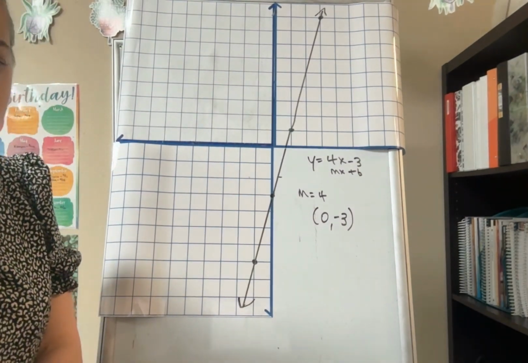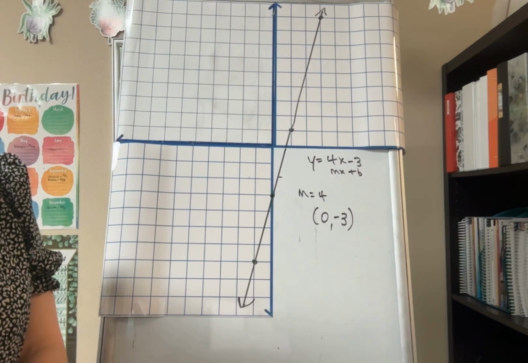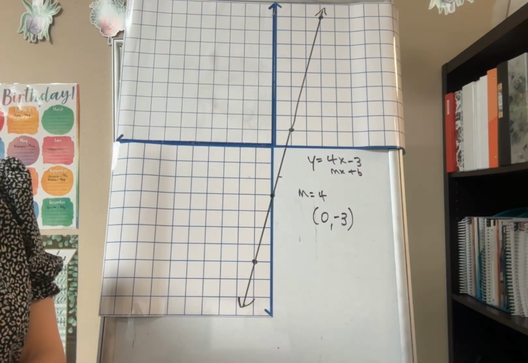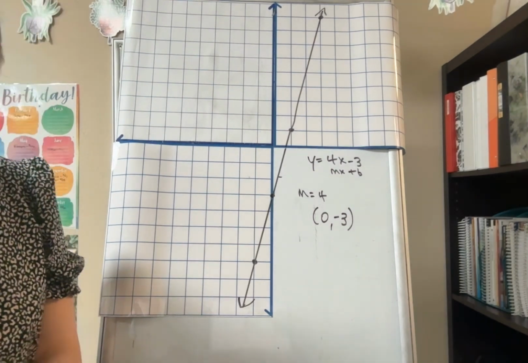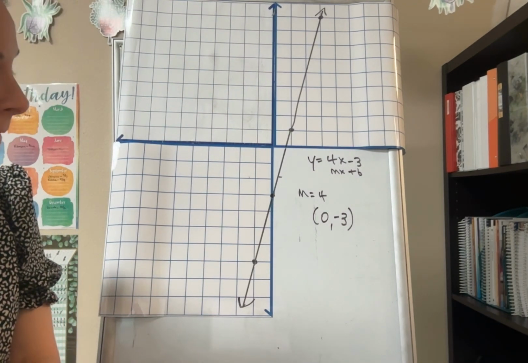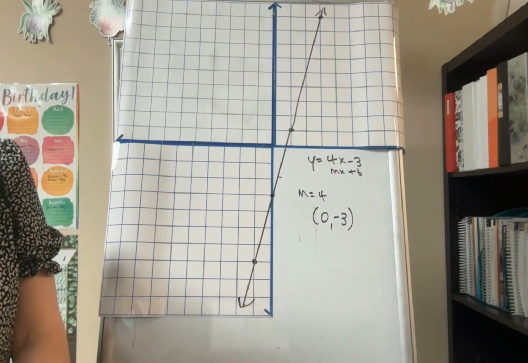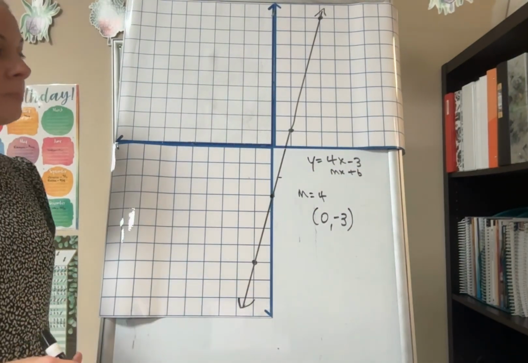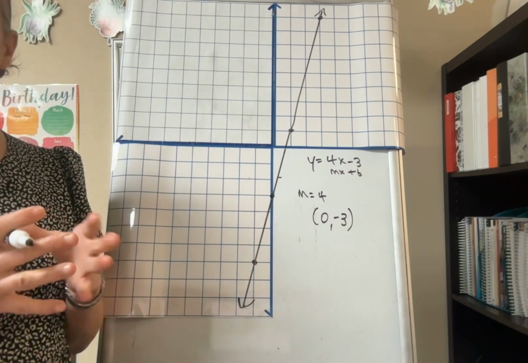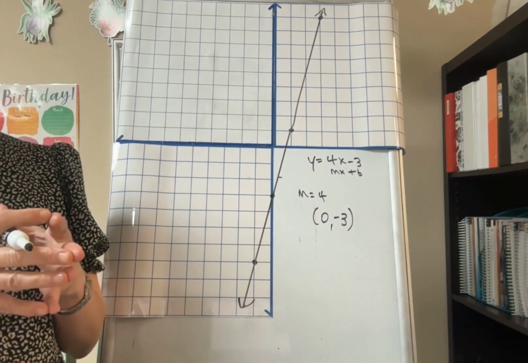Okay, now our example problem said figure out how many hamburgers this girl, Kaylee, can buy if she's got $15 of cash. Okay? So in our function rule, the number of hamburgers is the input value, right?